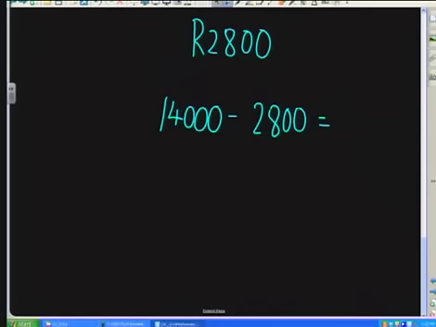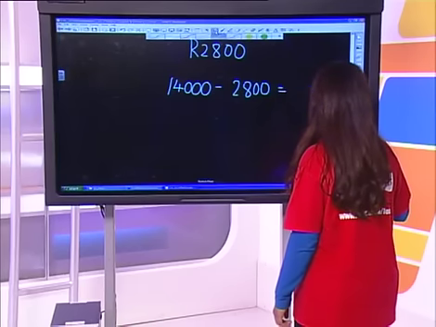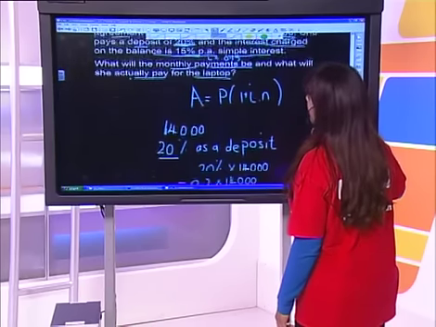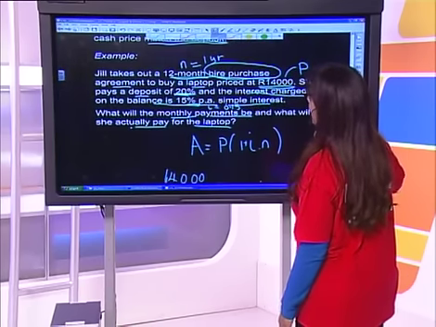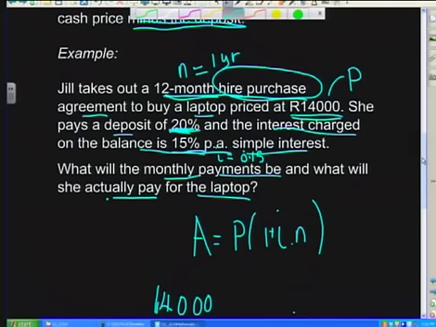So therefore, 11,200 is going to be the value of her loan. Okay, so let's just go back up and let's have a look. So 11,200 Rand is the value of the loan that she's going to take out on the laptop. Okay, but we haven't answered the question yet.